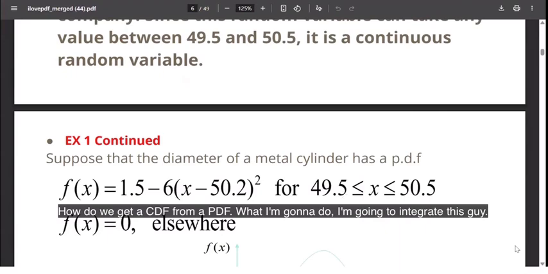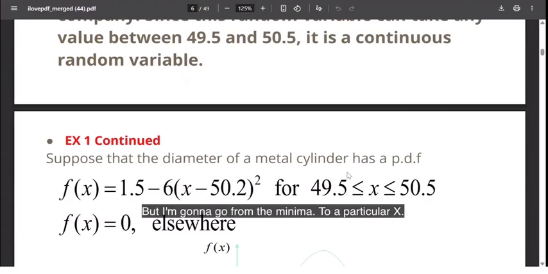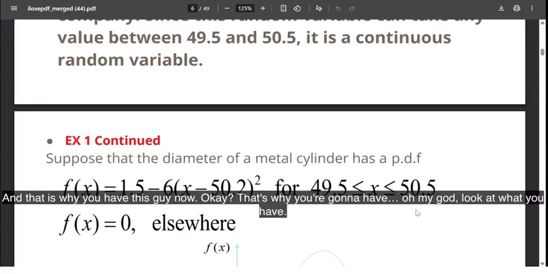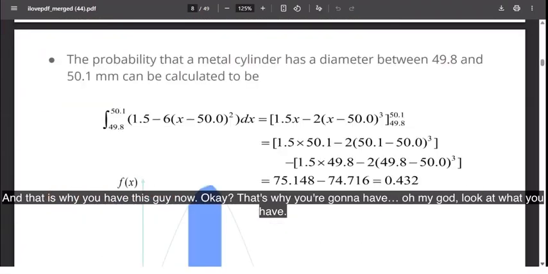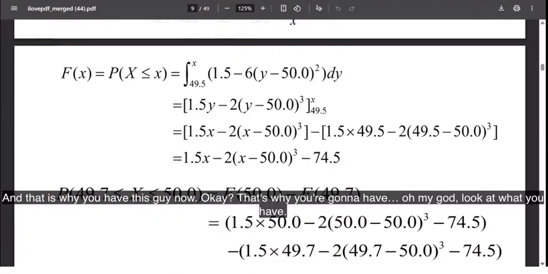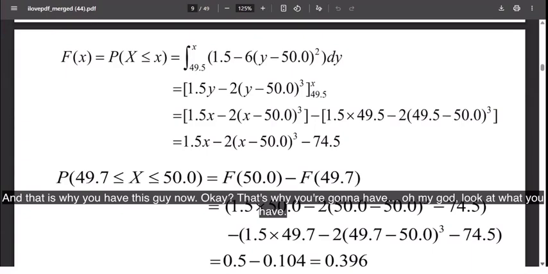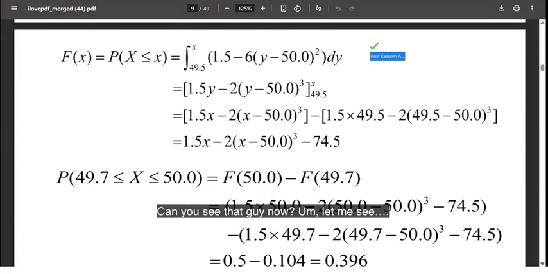What I'm going to do is integrate this, but I'm going to go from the minimum to a particular x. And that is why you have this now.